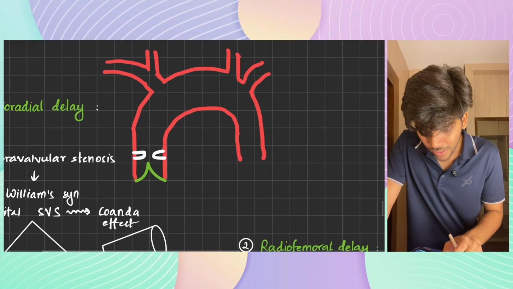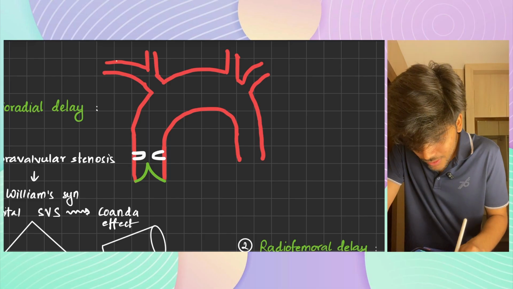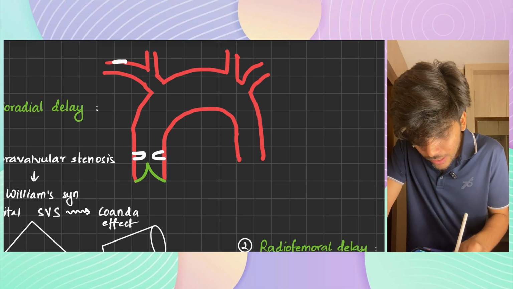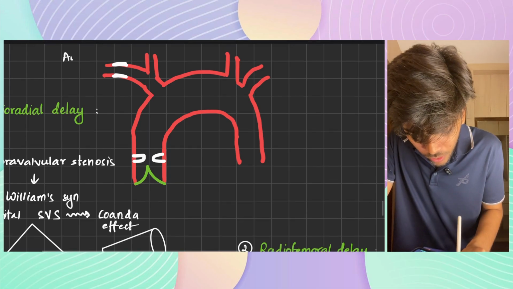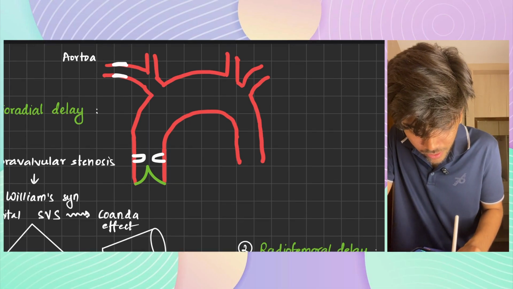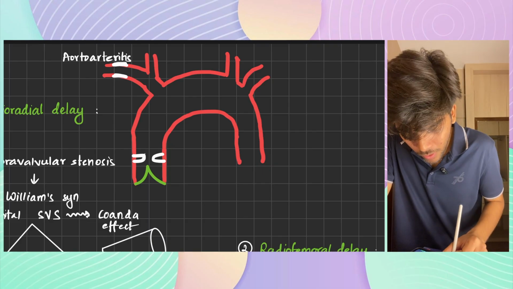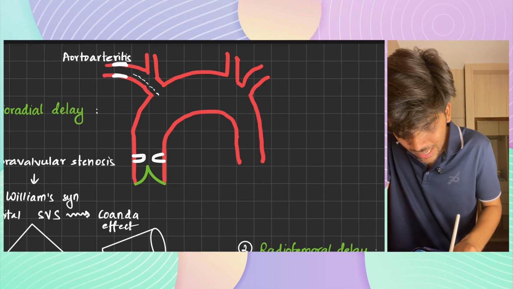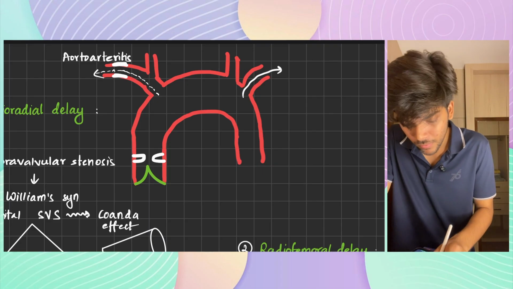Okay, second is aortoarteritis. Let's say this subclavian artery has aortoarteritis or Takayasu syndrome, same thing, also referred to as pulseless disease. As a result, the flow of blood from here is less and the flow of blood from here is more.